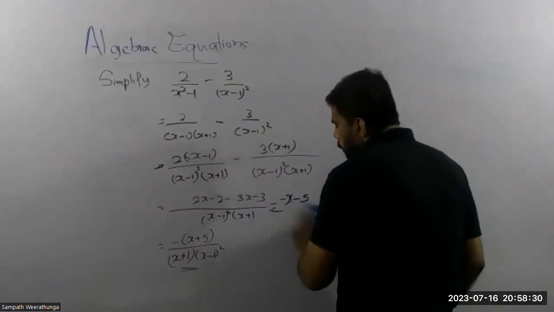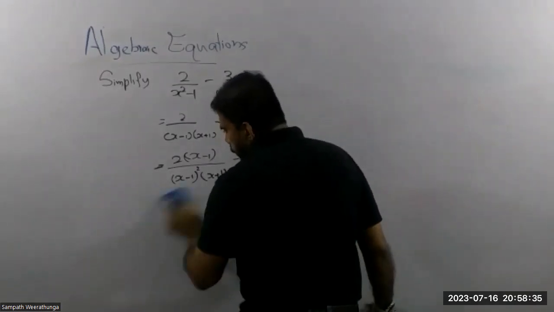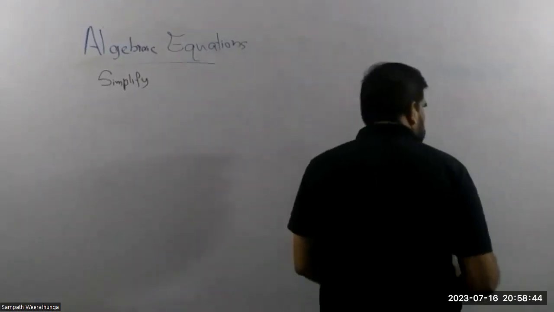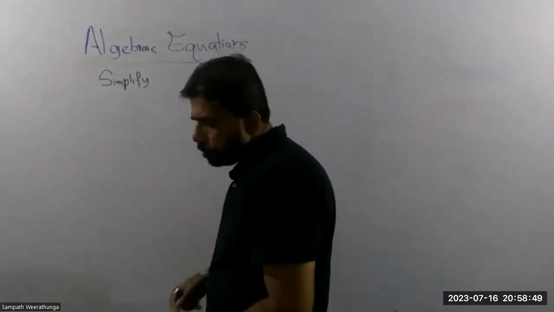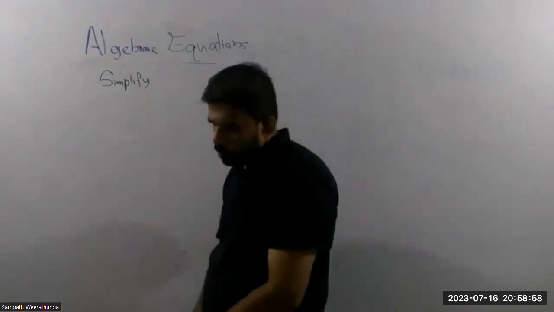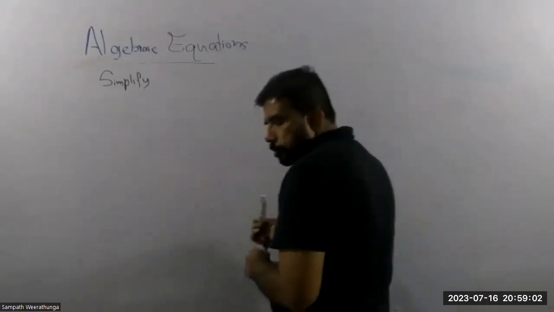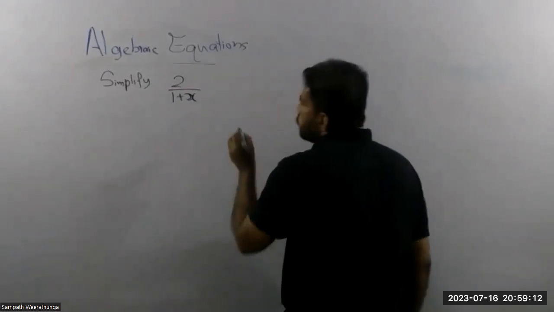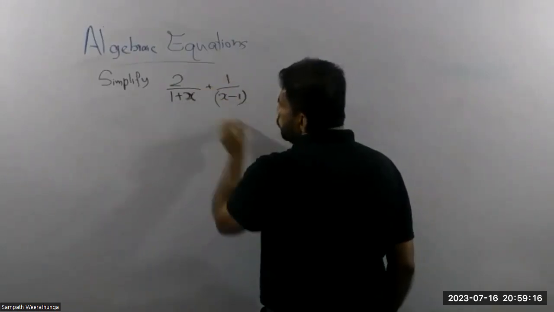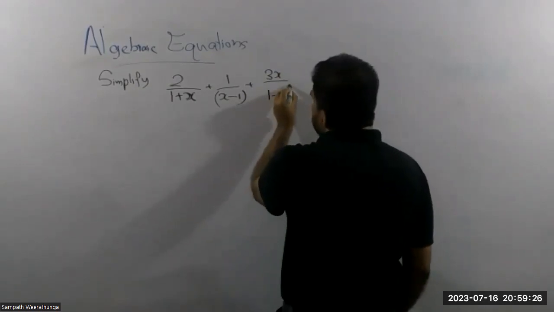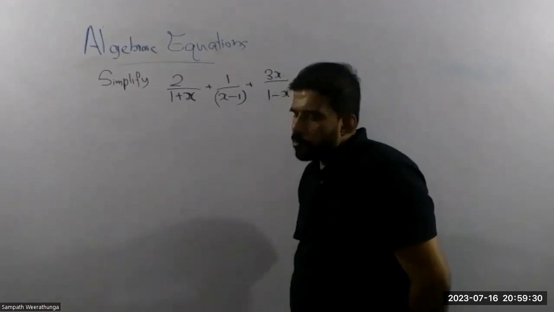I guess we will discuss another example: 2 over 1 plus x, plus 1 over x minus 1, plus 3x over 1 minus x squared.